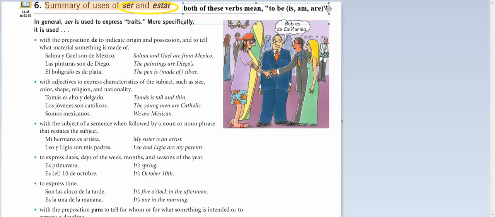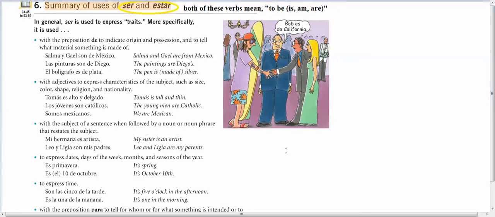Okay, but they're not used interchangeably. You use ser in some instances and you're going to use estar in other instances. So we are going to talk about when you use ser and when you use estar.